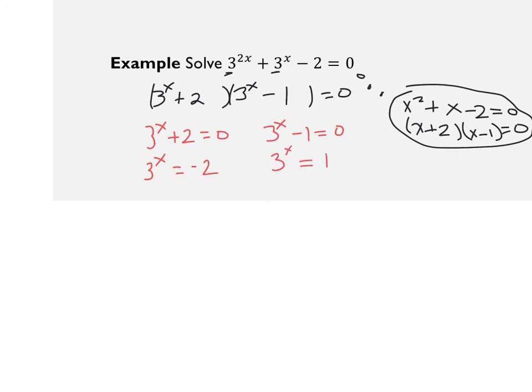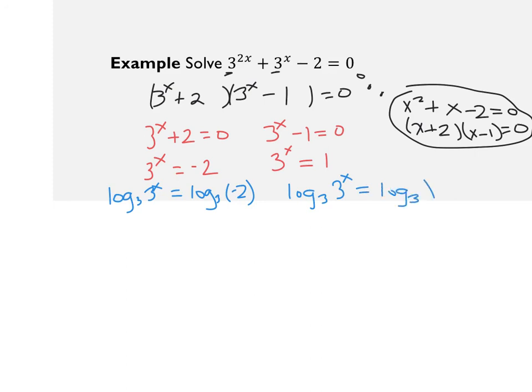Now, in order for us to get this to work, we have to do log of the base of whatever we're raising to the power. So log base 3 of 3 to the x equals log base 3 of -2. And the same thing in the other equation. Log base 3 of 3 to the x equals log base 3 of 1.